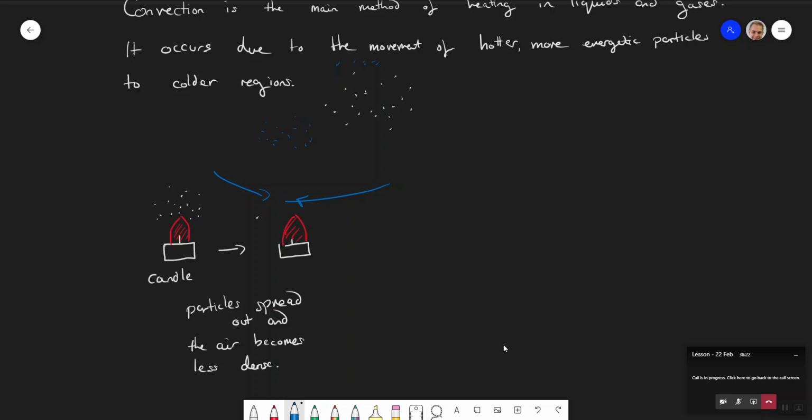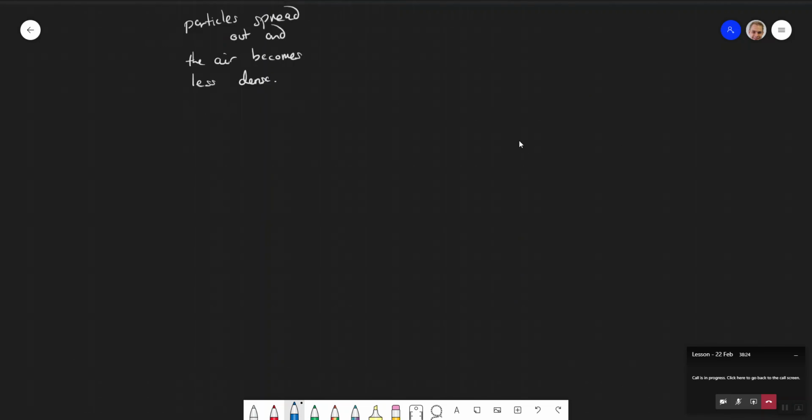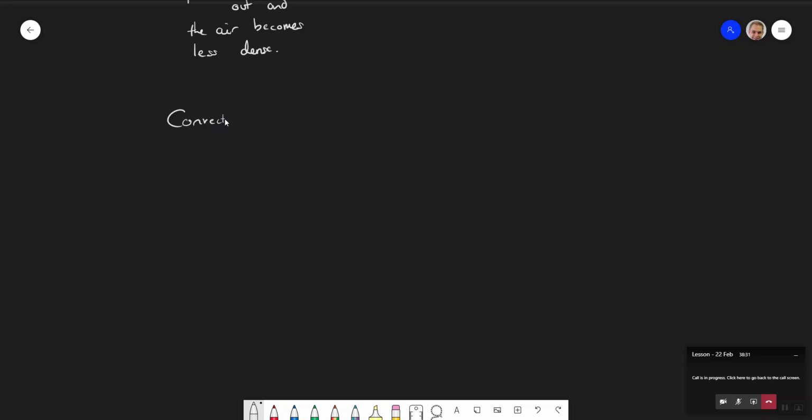Okay, I'm going to lay it out. So the steps of convection, the key steps that we have.